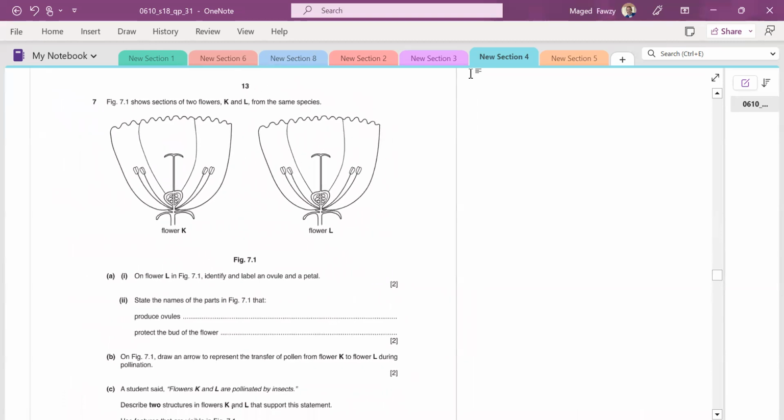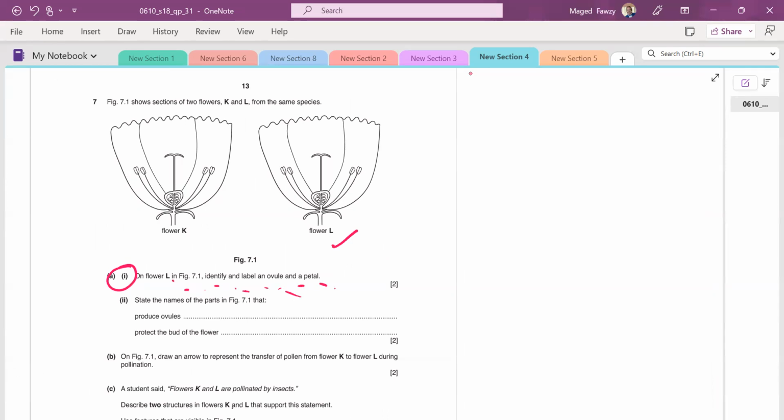This question was very nice. A question about pollination. The question says I have 2 flowers, flower K and flower L. He wants you on flower L. Read the question well, and please don't forget that we have questions without space for answering, so you don't get confused.